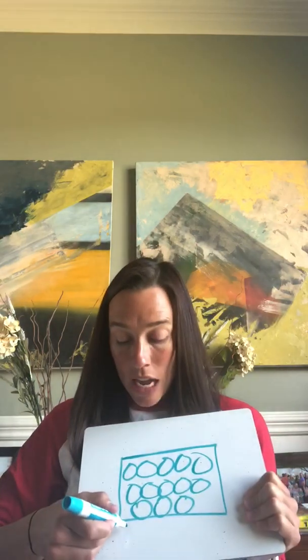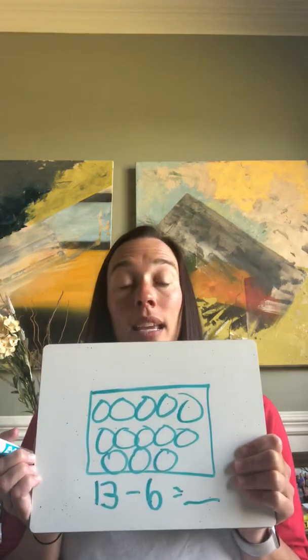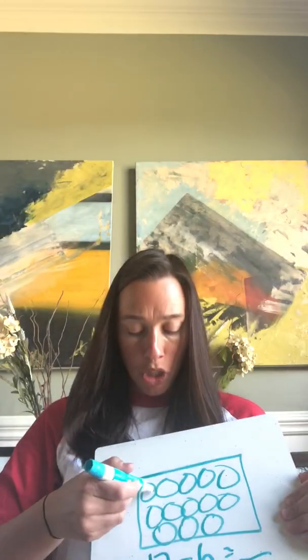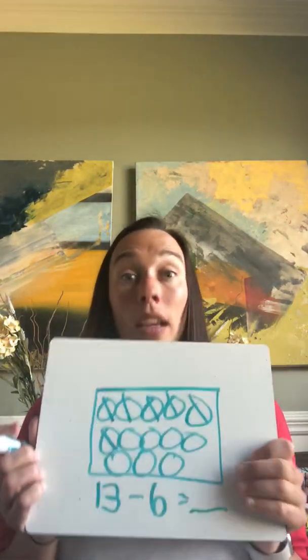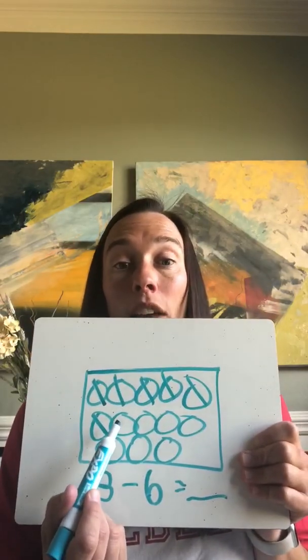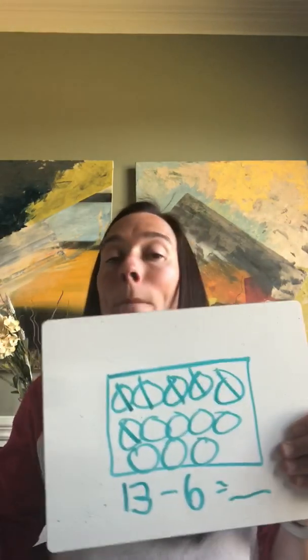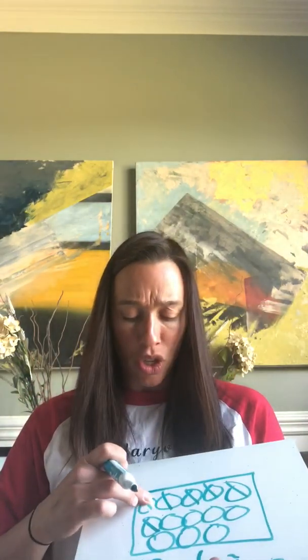Well, I know that I could set my problem up like this, right? Some of you are going to say, Miss Metz, super easy. I'm just going to mark out 6. Yeah, you could do that. Let's see how many are left. 1, 2, 3, 4, 5, 6, 7. 7. Perfect. Some of you are going to say, oh, Miss Metz, that's too hard for me.